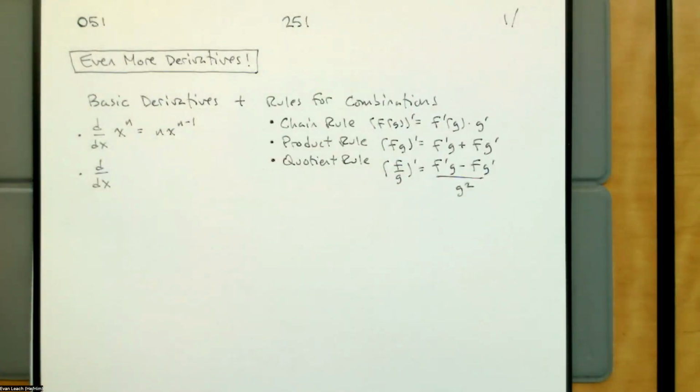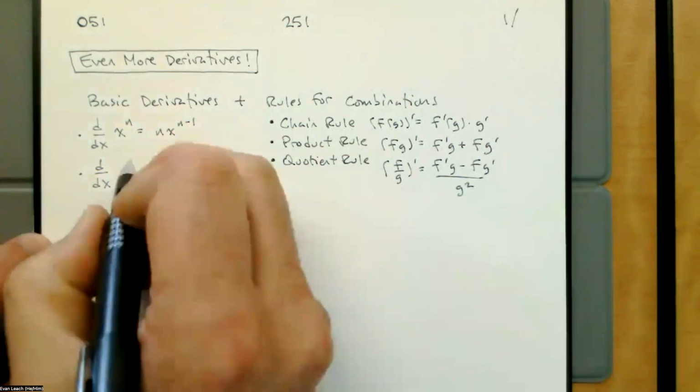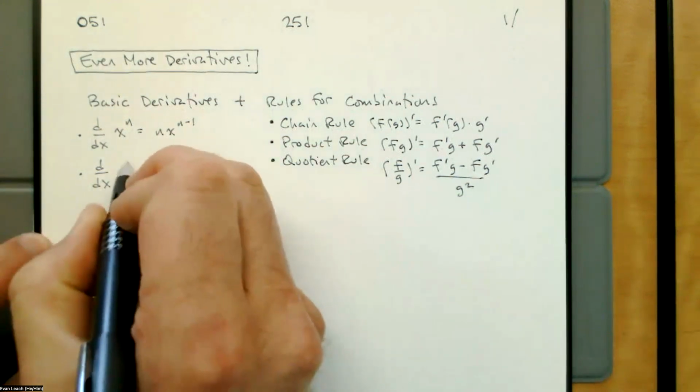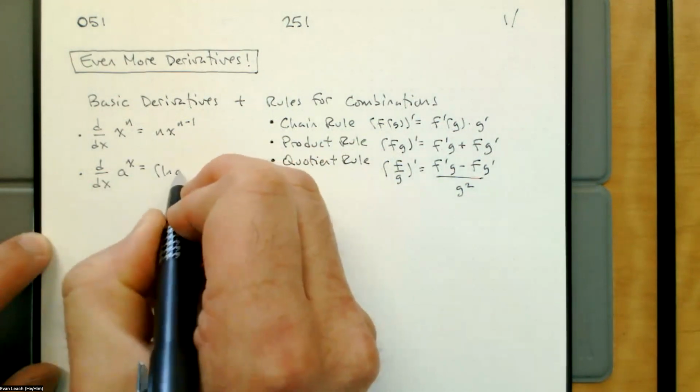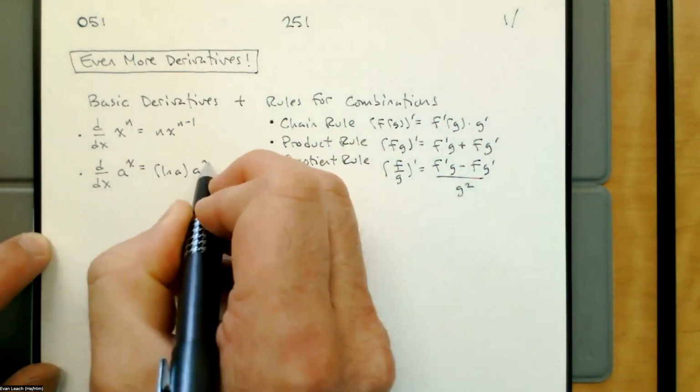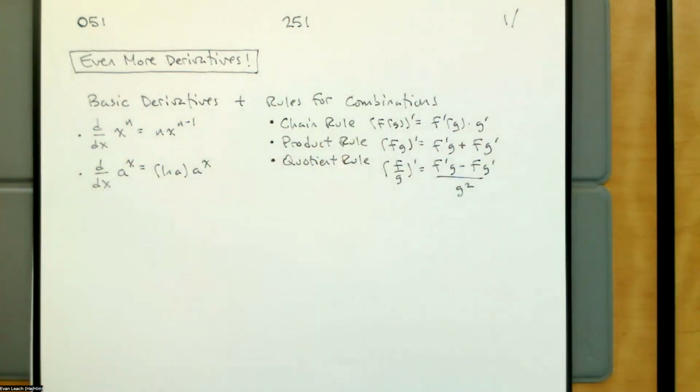The derivative of a variable raised to a constant, that's x to the n, is nx to the n minus 1. Switching this around and making an exponential function, a constant base with a variable exponent, the derivative of a to the x is a to the x times the natural log of a.